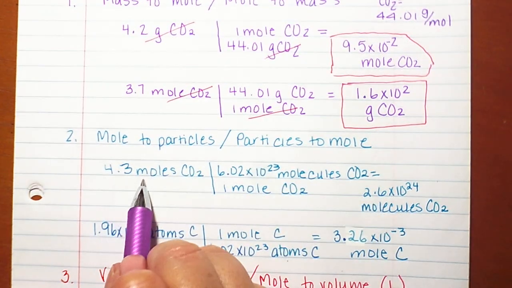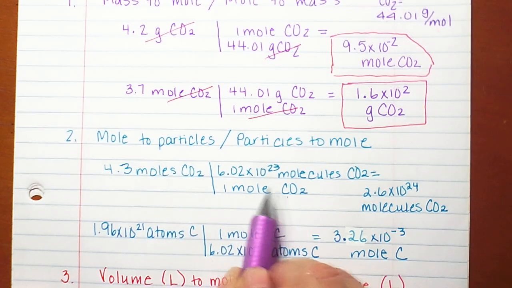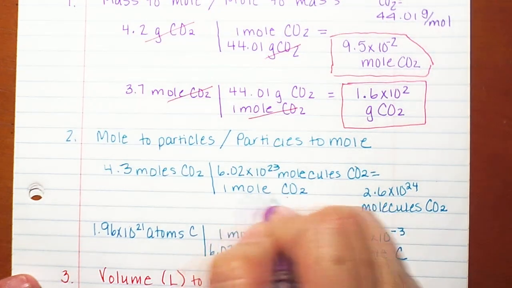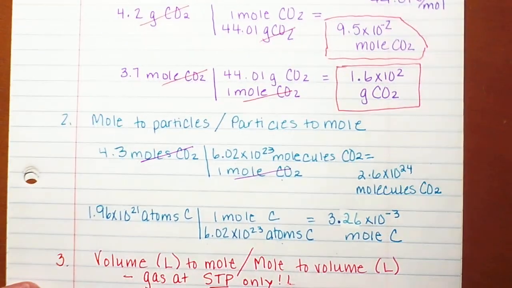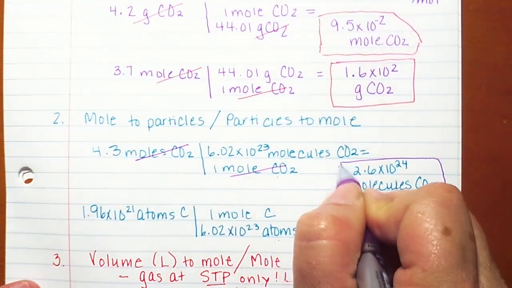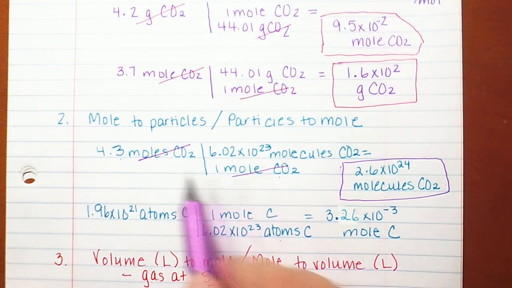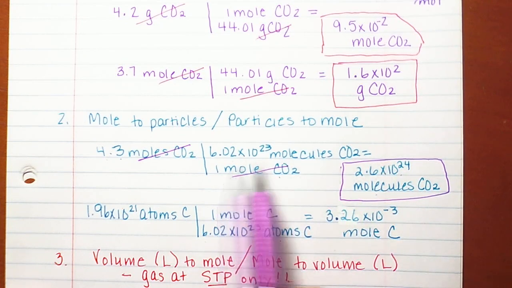So 4.3 moles of carbon dioxide. 1 mole of carbon dioxide is 6.02 times 10 to the 23rd molecules of carbon dioxide. So I can cancel out my moles, and I'm left with 2.6. Notice my 2 significant digits because of my 4.3. So 2.6 times 10 to the 24th molecules of carbon dioxide.